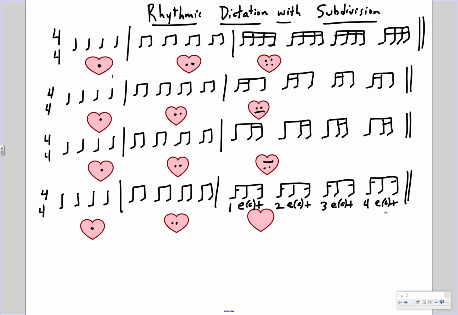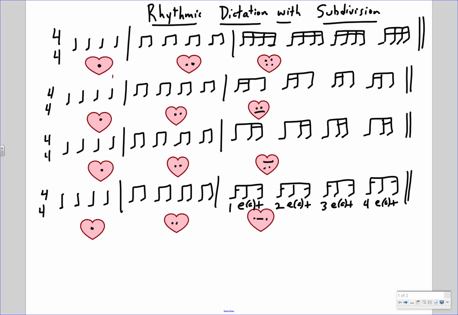It's short, long, short, short, long, short, short, long, short, short, long, short. Listen to it. When you hear that short, long, short pattern, we would do a dot, followed by a line, followed by a dot, representing short, long, short. That's one way that you can do rhythmic dictation using subdivision.